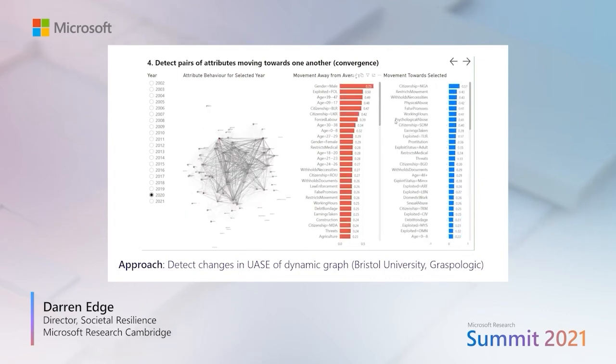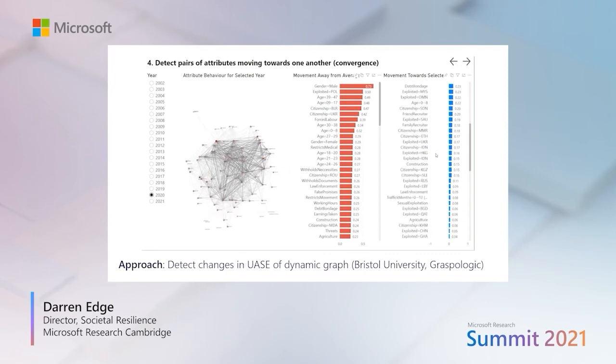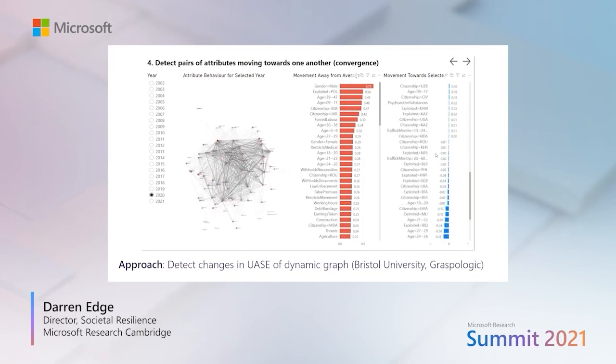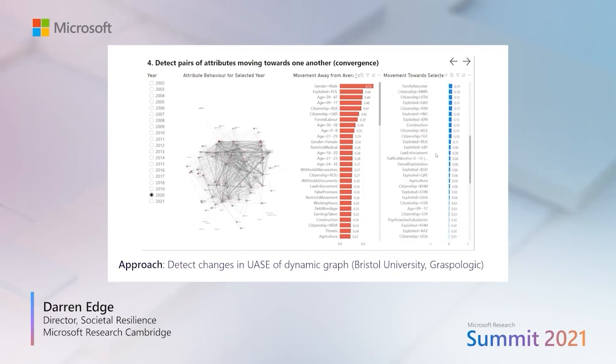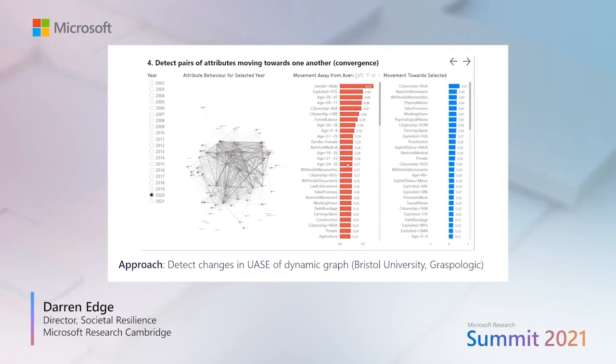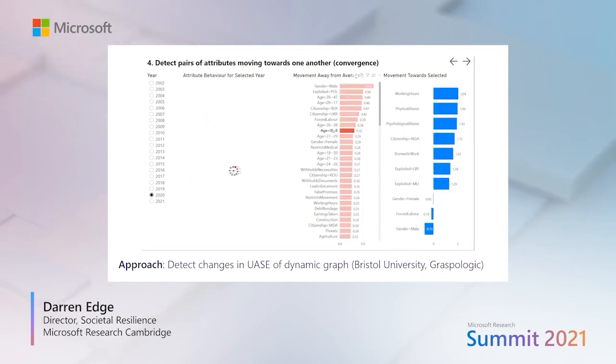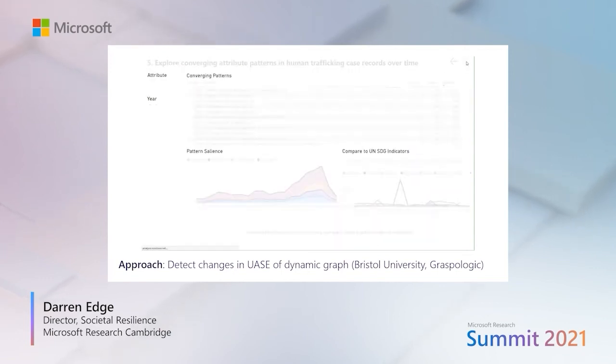And in general, in any time period, there are lots of things moving in lots of different directions. But by looking for groups of attributes that are all converging on a given point, they're all getting closer to one another, we can start to identify the foundations of really meaningful patterns that emerge despite a very noisy data collection process. And so on the next screen, you can see how these turn out.